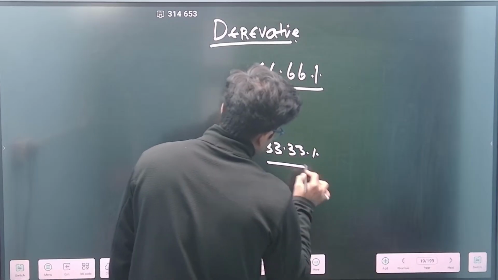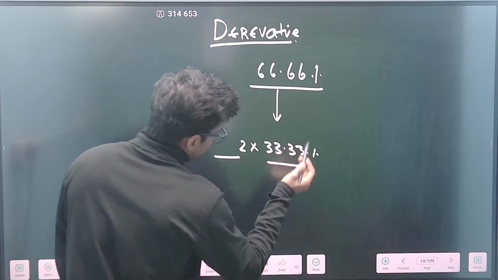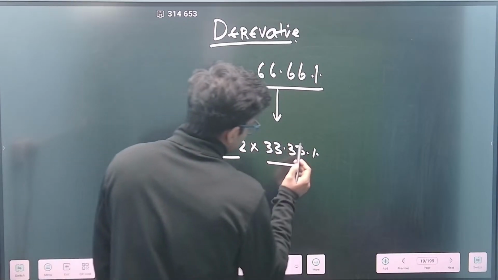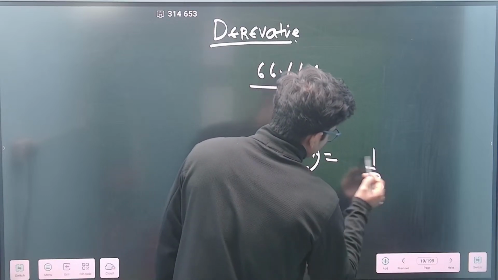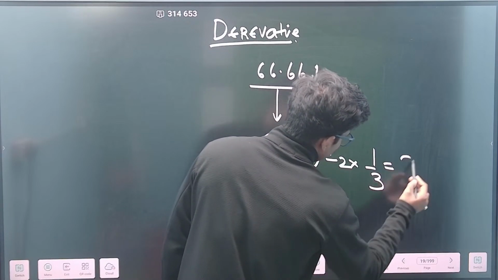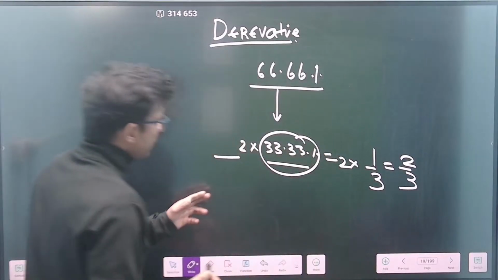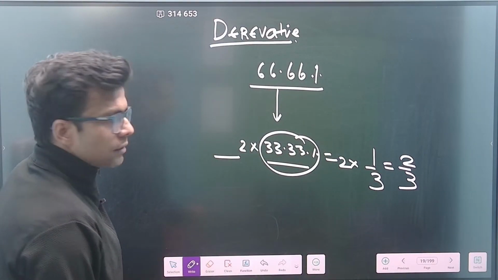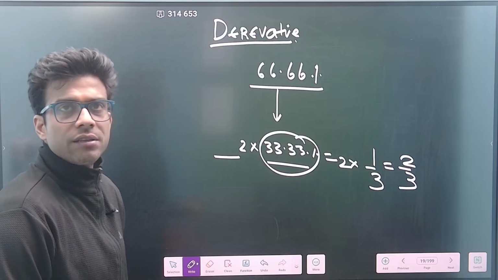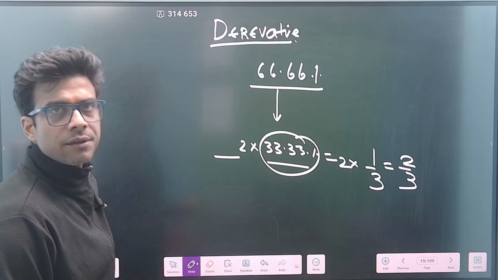See the logic. I know that 33.33% is basically 1 by 3, so I'll multiply this by 2. This will become 2 by 3. So this is the basic process. Try to understand. Everyone is getting my point? Yes or no? I hope you are getting it, guys.